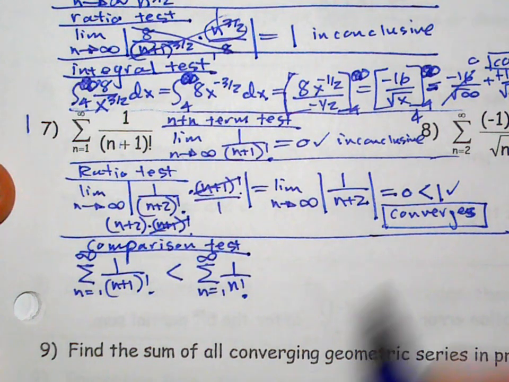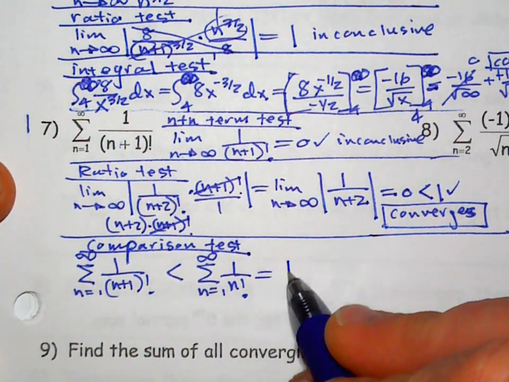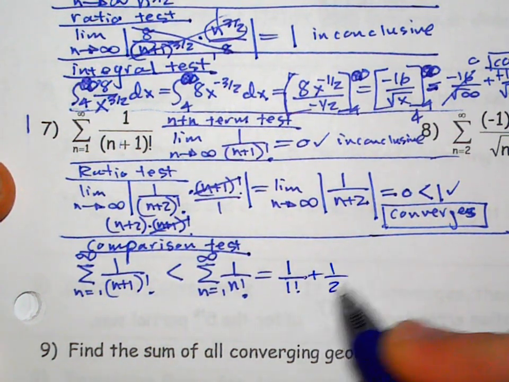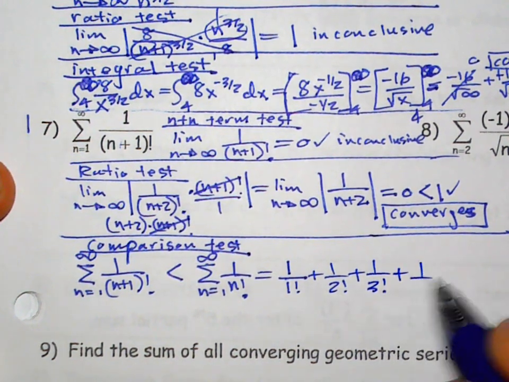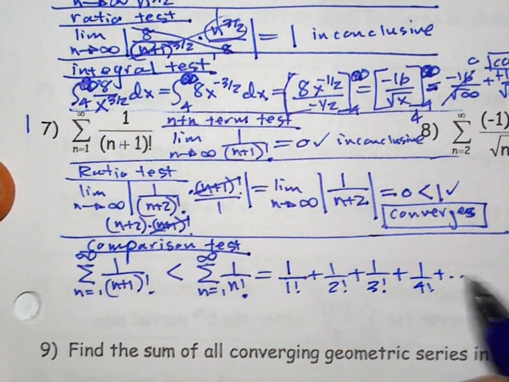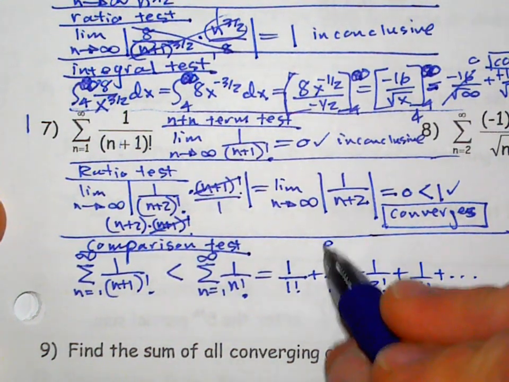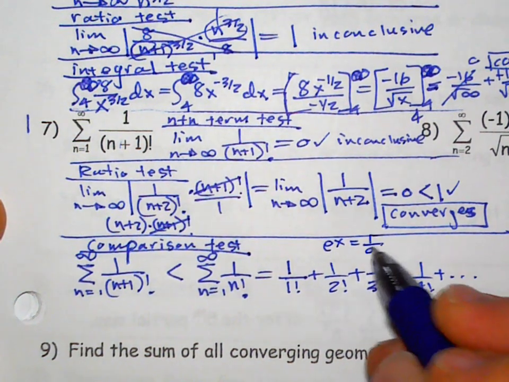Maybe right now you're not good at that. If we start writing the open form of it, you might remember from last chapter. It's 1 over 1 factorial plus 1 over 2 factorial plus 1 over 3 factorial plus 1 over 4 factorial and on and on. And that might make you think of the e to the x Maclaurin series, 1 over 0 factorial.